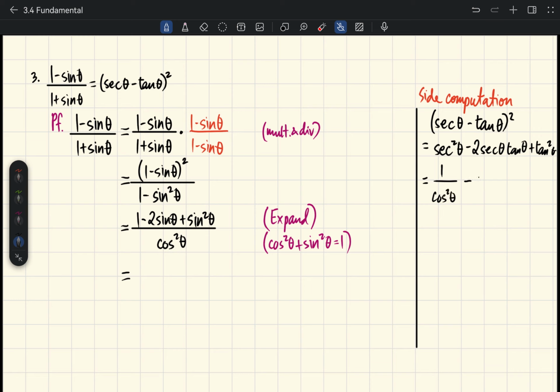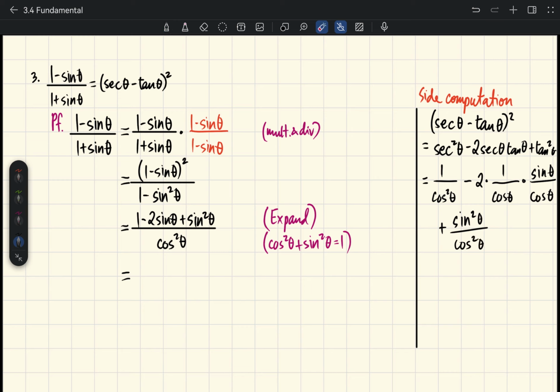Then minus, you have 2 times secant theta can be written as 1 over cosine theta, and tangent theta can be written as sine theta over cosine theta. Then lastly, you have tangent squared theta. Tangent is just sine over cosine. So squaring that, we have sine squared theta over cosine squared theta.